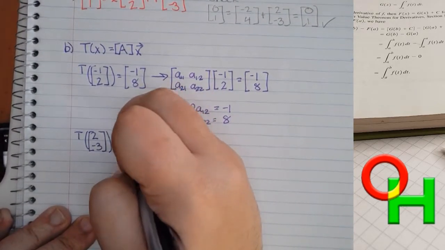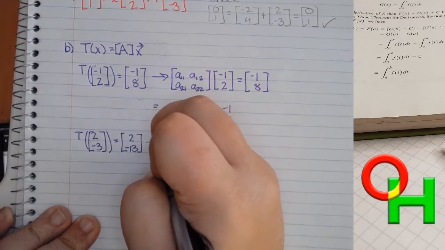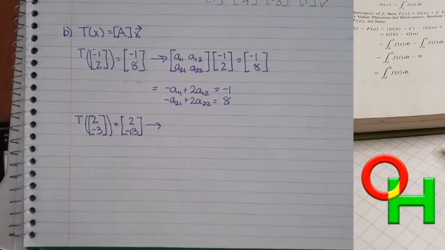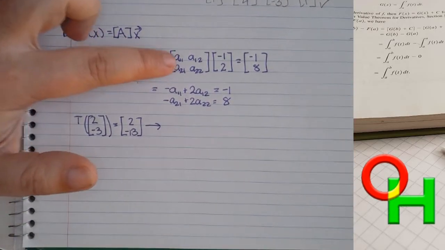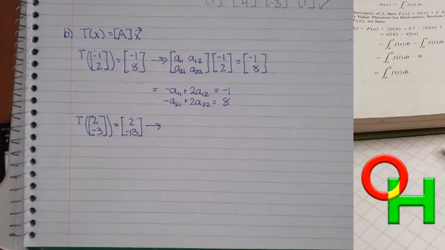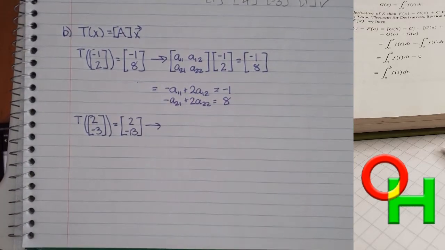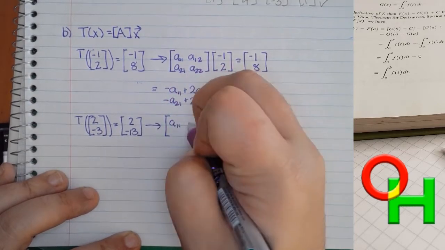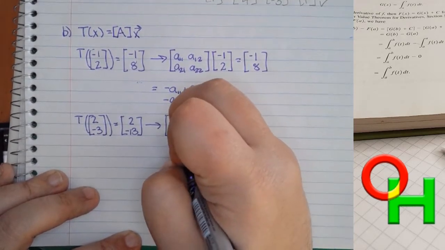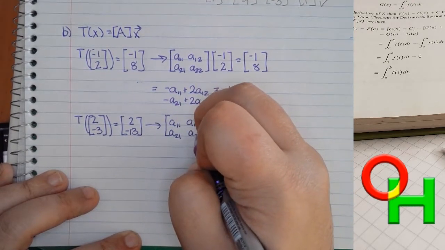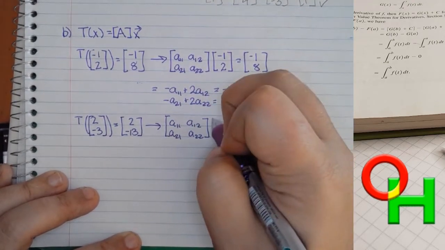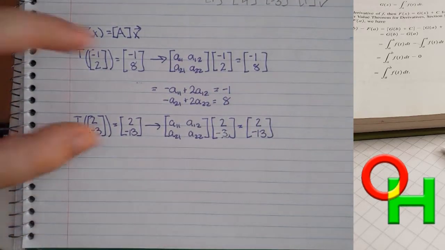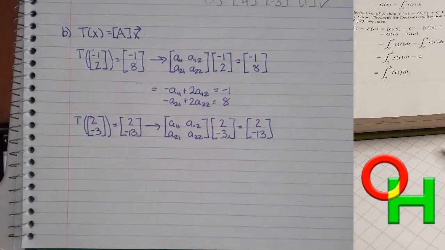So luckily, they gave us another set. The important thing with transformations is that it is the exact same matrix A that we're multiplying by each of these vectors to transform them. So this is going to be [a11, a12; a21, a22], multiplied by (2, -3), and that's going to give me (2, -13).